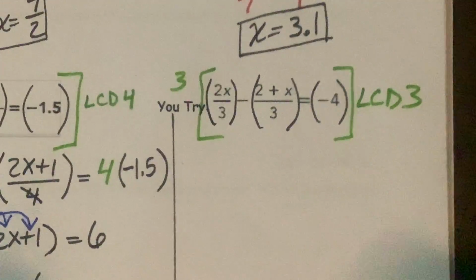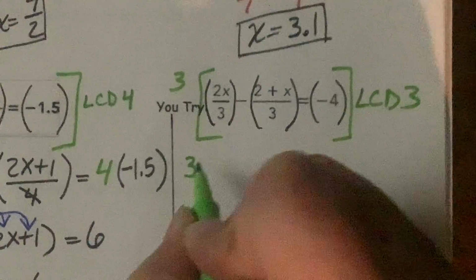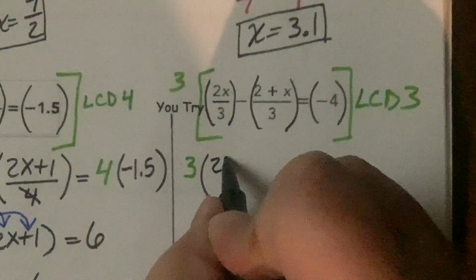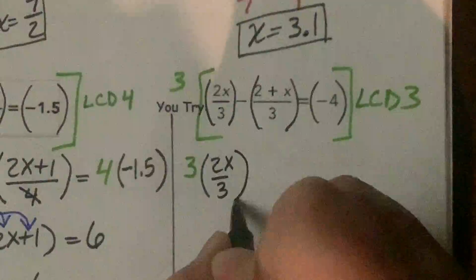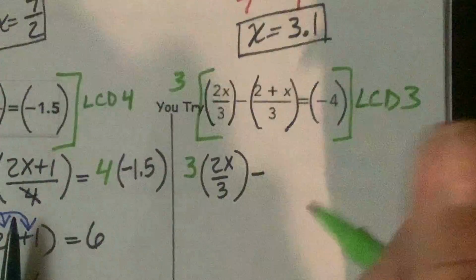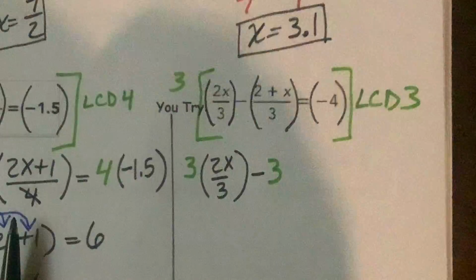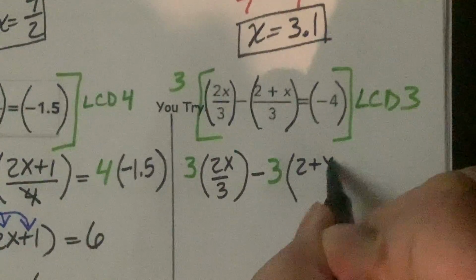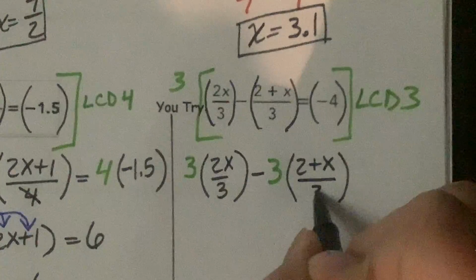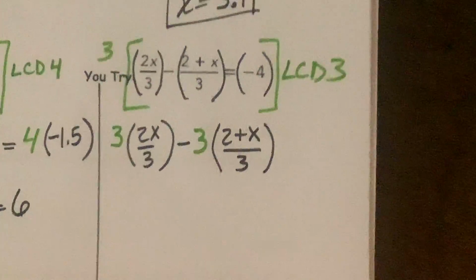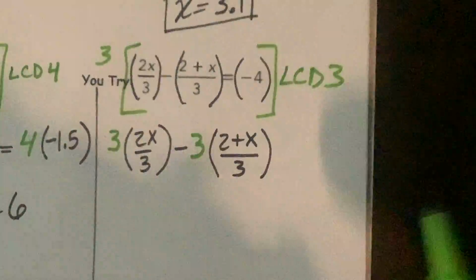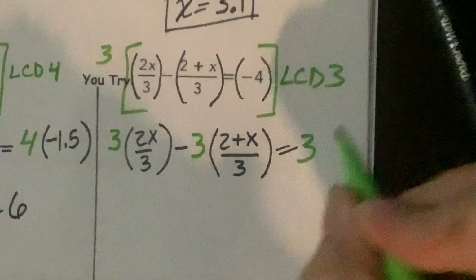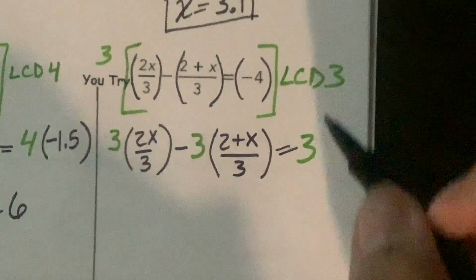Here we go. So now I have 3 times 2x over 3 minus 3 times 2 plus x over 3 equals, come on, Bono, equals 3 times negative 4.